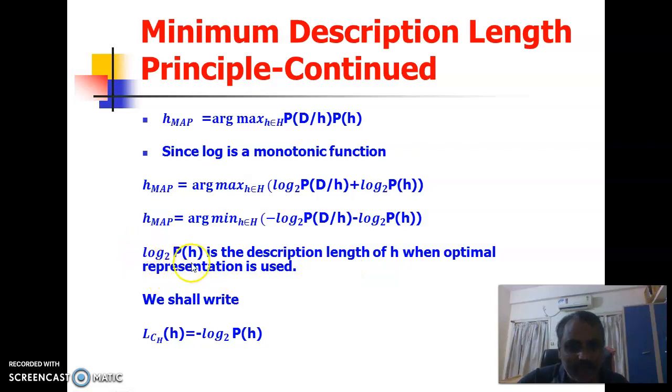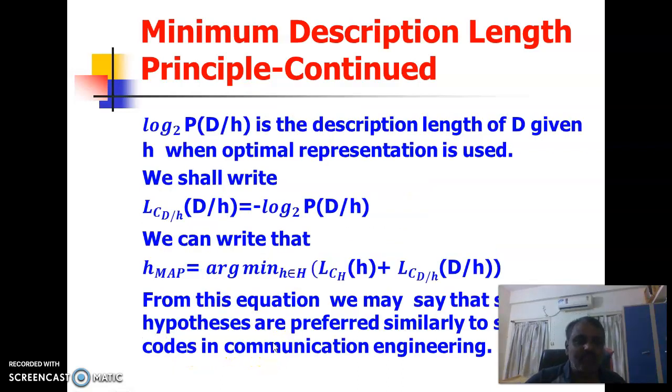Now this minus log P(H) to the base 2 is called the description length of H when optimal representation is used. We will give a separate notation, similar to the coding scheme of communication engineering or information theory. L_CH(H) is equal to minus log P(H) to the base 2.